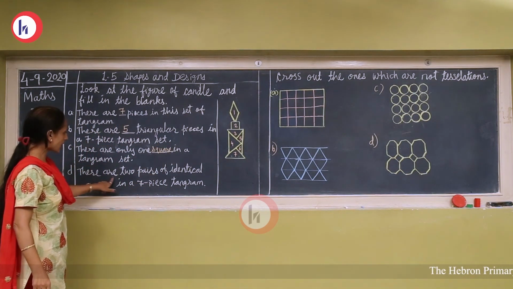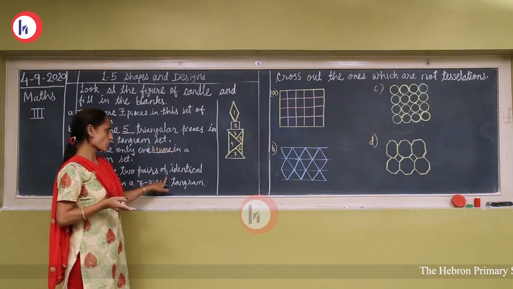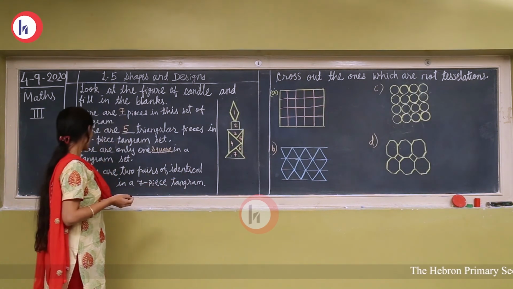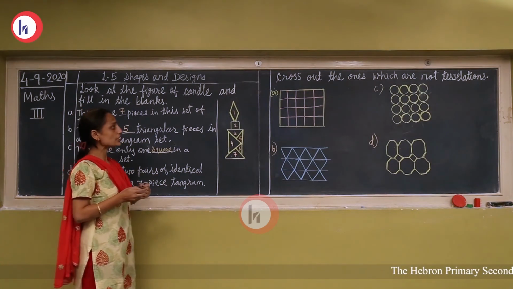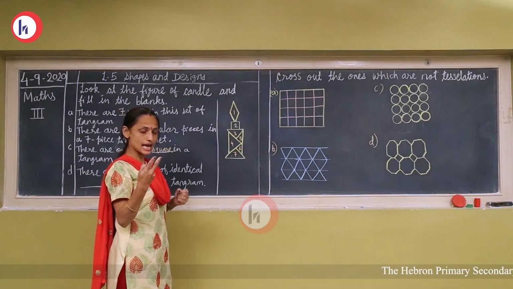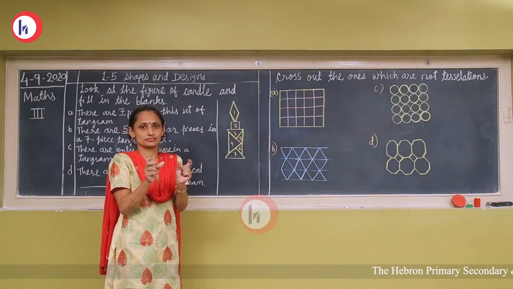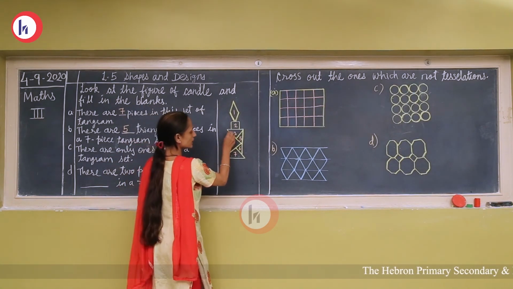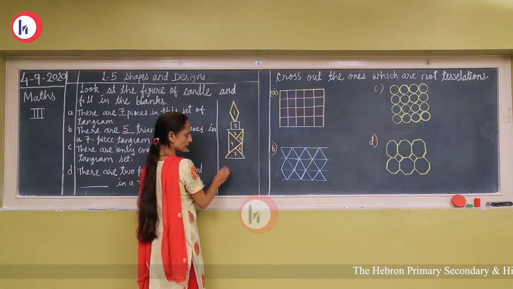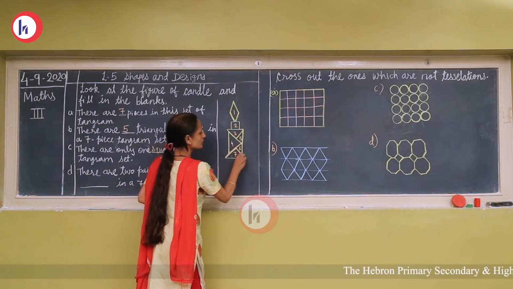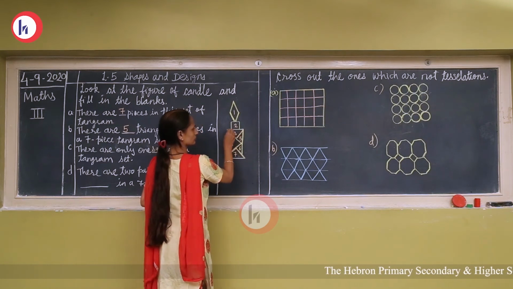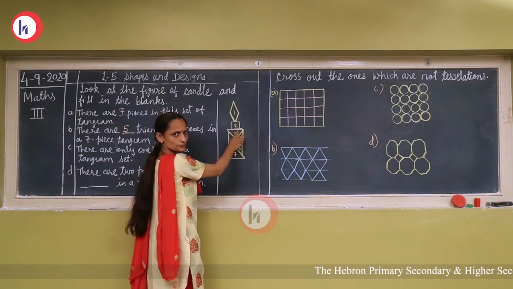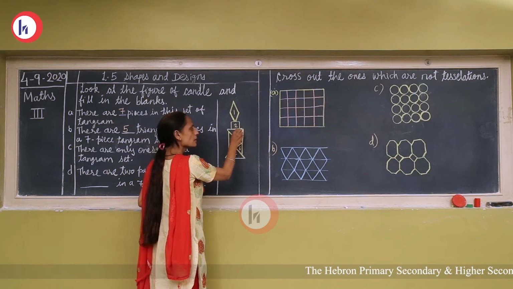Next, there are two pairs of identical dash in a 7 pieces 10 gram set. Means which two shapes are identical, means same. See here, this triangle is big. This triangle is also, the size of this triangle is different. But here, different triangles, this is a big one.